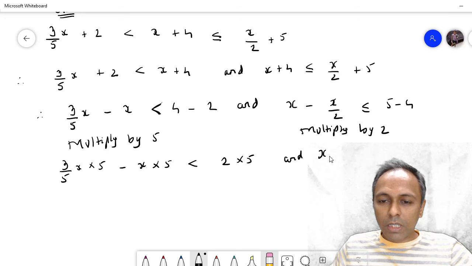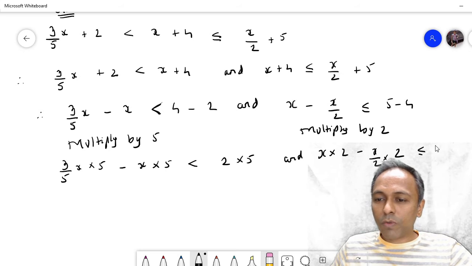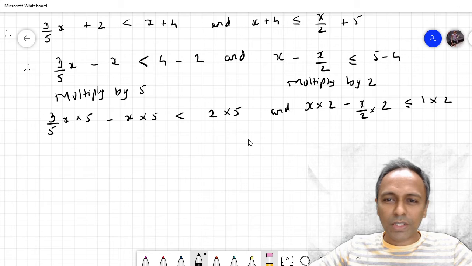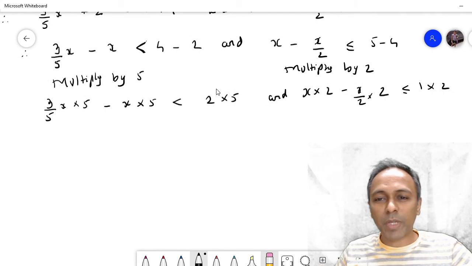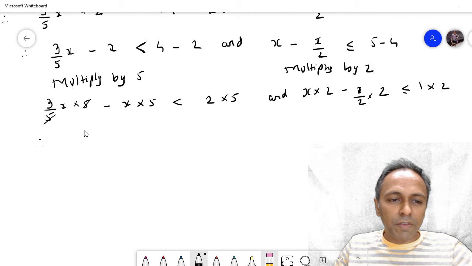So x into 2 minus x/2 into 2 is less than or equal to 5 minus 4 is 1 into 2. There are many ways to do this. We have followed one trend of taking LCM and multiplying, that's why we are continuing that. 5 has got cut.